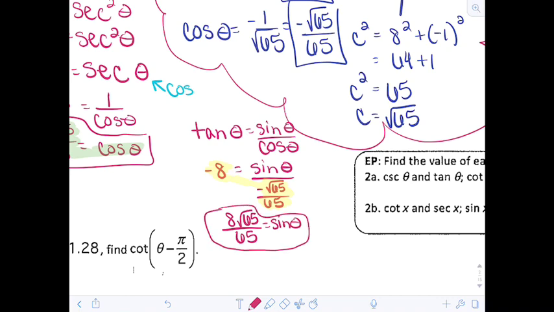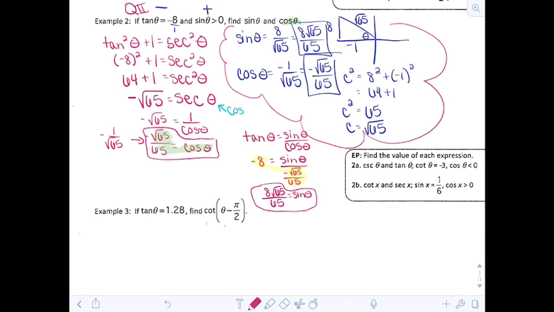Wow, using those identities, mind-blowing, right? A little more complicated for sure, but as you can see, those are the same things that we got from using that right triangle. Only now, hopefully, you're seeing those identities, how they can work towards solving some of these examples. Okay, example number 3.